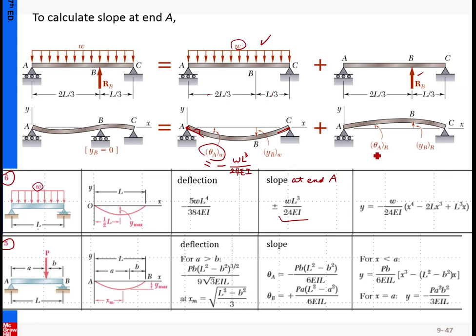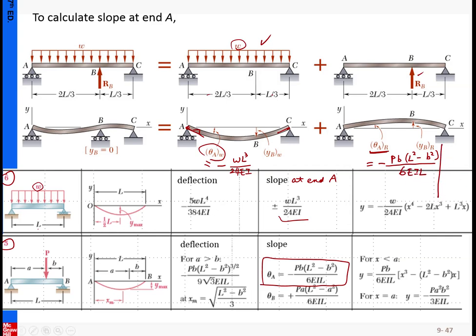And for this number, right now I'm going to determine this one for RA, and simply theta A, I simply pick out this pattern here. So theta A, let me copy that one, directly copy. It is this one, so minus PB (L squared minus B squared) over 6 EIL.